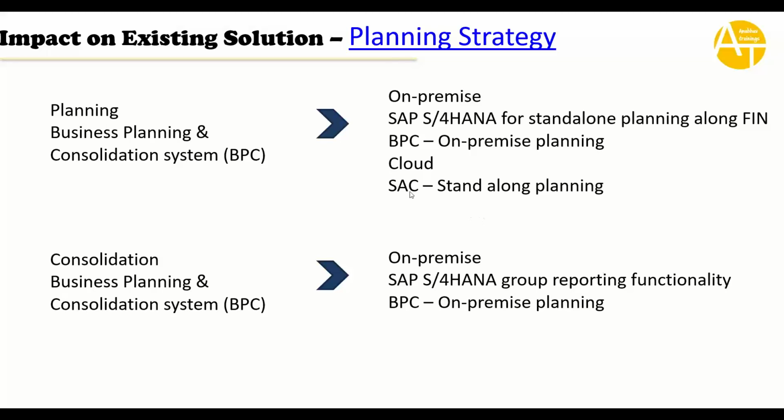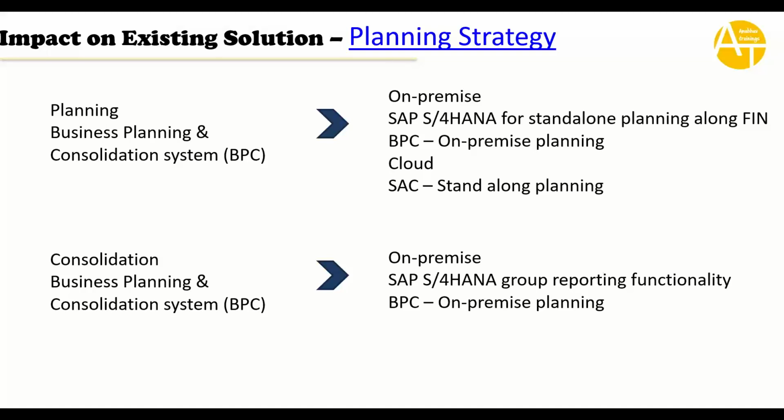SAP Analytics Cloud is an emerging trend in the market for doing planning in the cloud directly. You can have BPC, plus additionally a hybrid strategy to have BPC in parallel to Analytics Cloud, or you can only have Analytics Cloud for planning. For consolidation, right now they don't have a plan for Analytics Cloud. So for consolidation, you can use the S4HANA group reporting feature, or you can continue to use SAP BPC. Only for planning, you can use SAP Analytics Cloud.